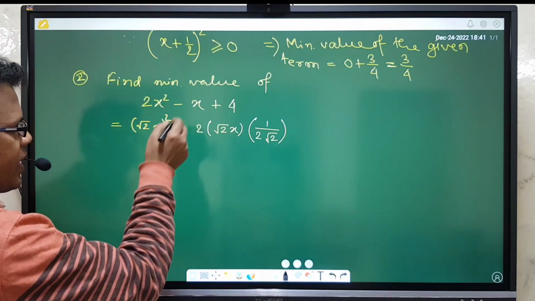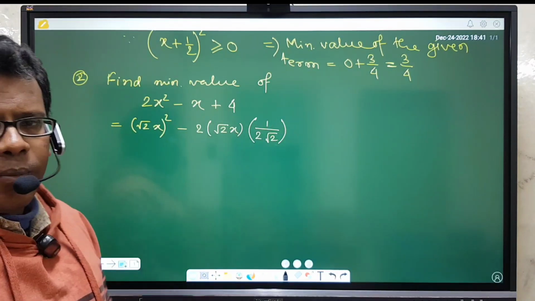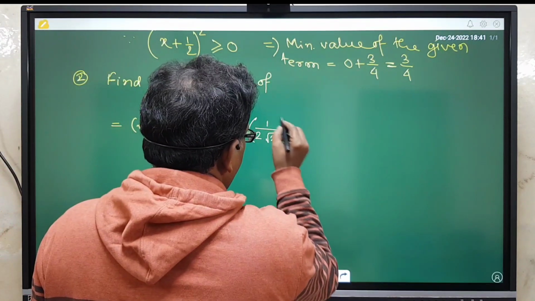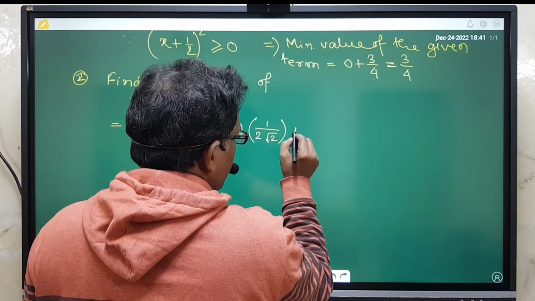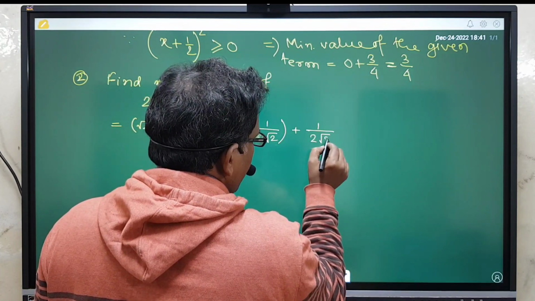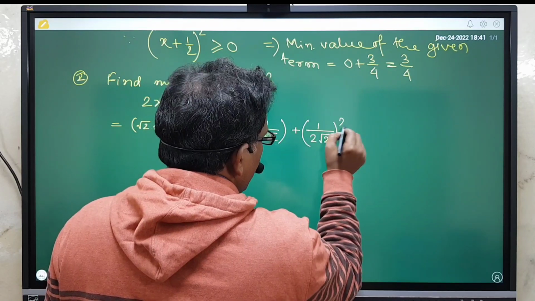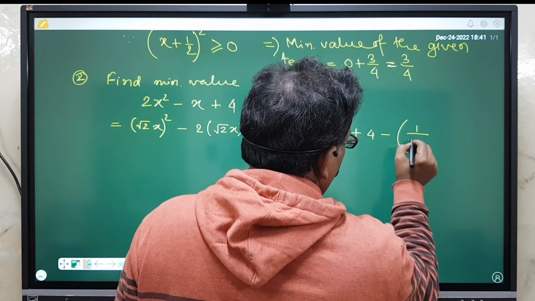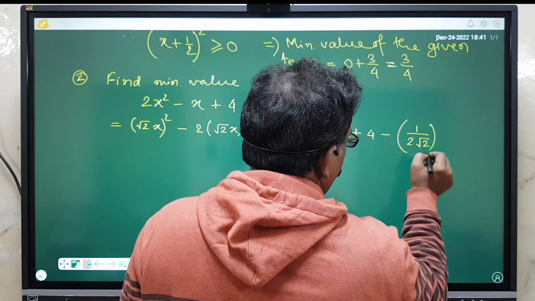Such that 2 root 2 gets cancelled out and we maintain the same value minus x as the middle term. So then b is 1 by 2 root 2, so square of b needs to be introduced, plus 4 and then minus 1 by 2 root 2 square.